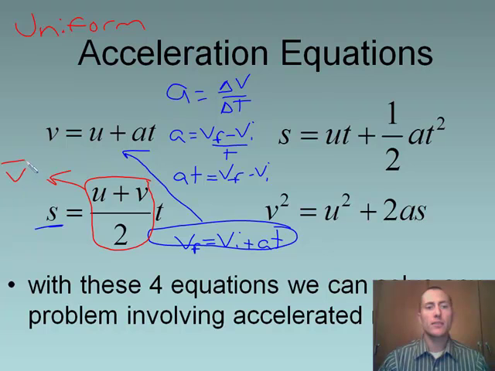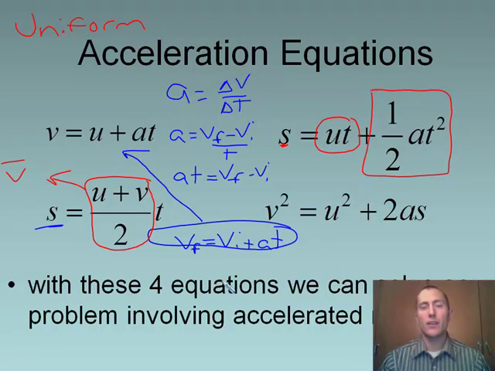And then our 2 equations on the right are a little bit more detailed, but we have displacement, s equals ut, so this is initial velocity times time, plus 1/2 at squared. And so this is the displacement that would occur if the object was traveling at a constant velocity, and then what we're doing here is factoring in the either additional or shorter displacement that's caused by the acceleration.